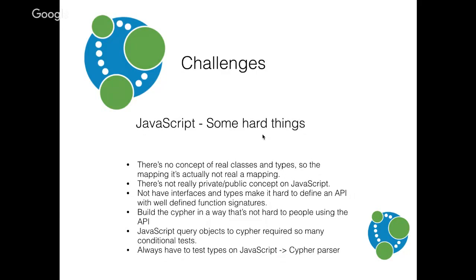Another problem that we have was the concept of public and private, which in JavaScript is a little confusing. So a lot of the private APIs in Neo4j were not so private because of the limitations of JavaScript and ECMAScript 6 and something like that. But then we try documentation for the API, right? So you use as an API what's documented as an API and not the other things.